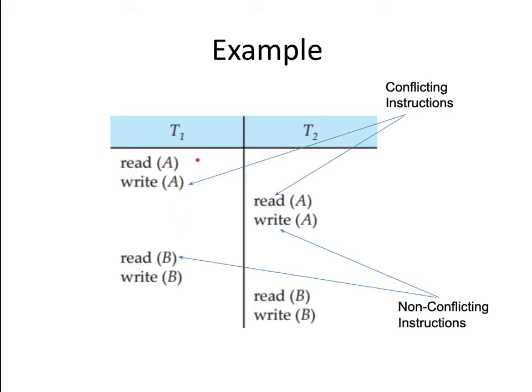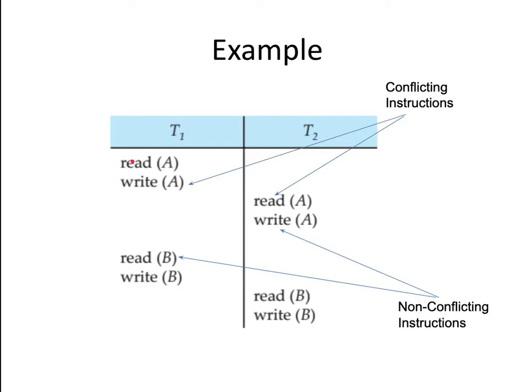So again, these are two transactions, so we consider two instructions in different transactions. Third, they should access the same item, yes they are accessing the same item. And fourth, one of them should be a write operation. So instruction number 2 from T1 and instruction number 1 from T2 are conflicting instructions.